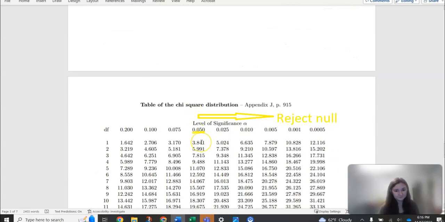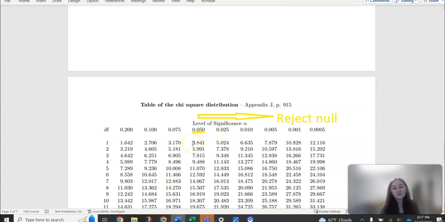So, is 5.62 higher than 3.841 or lower than 3.841? It's higher, right? It's within this significance area. It's very close to 5.024, which corresponds with the alpha level of 0.025.